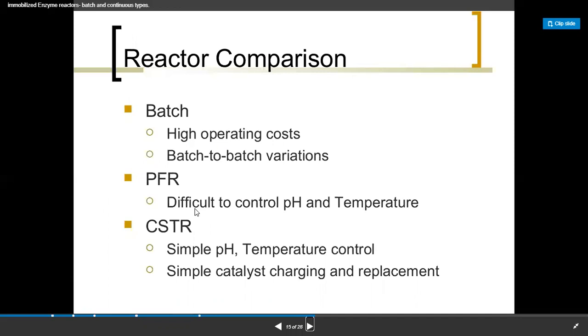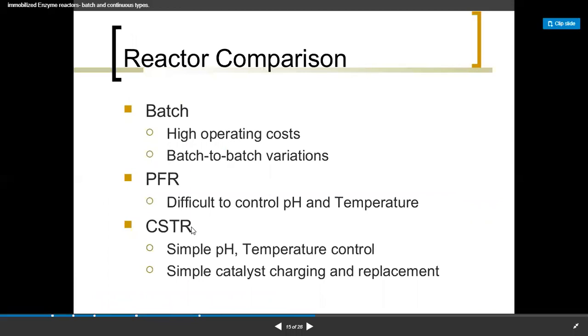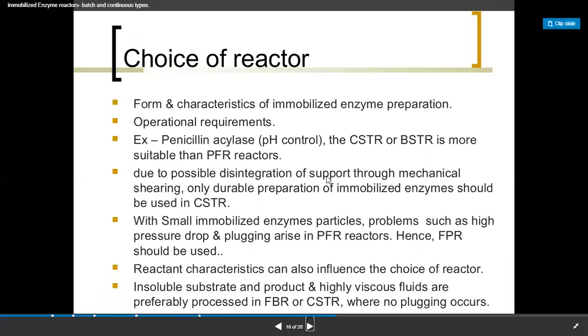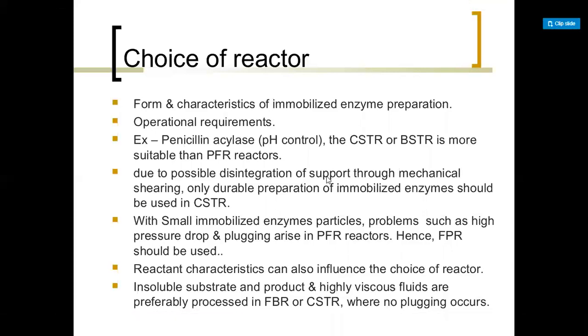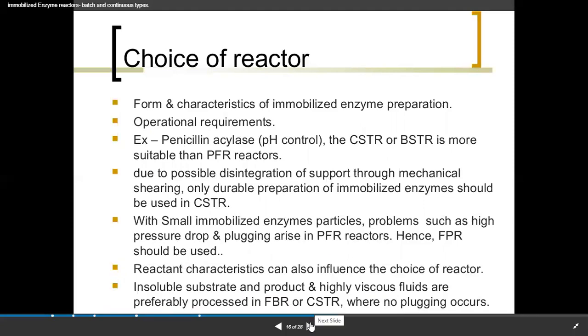In packed bed reactors, it is difficult to control pH and temperature, and in the continuous stirred reactor, simple pH and temperature control is there, and simple catalyst charging and replacement is available. The choice of reactor depends on what we need to produce. For example, for penicillin, the continuous stirred reactor, CSTR, is more suitable than PFR reactors. So choice of reactor is very important because a particular enzyme is suitable for a particular kind of reactor.